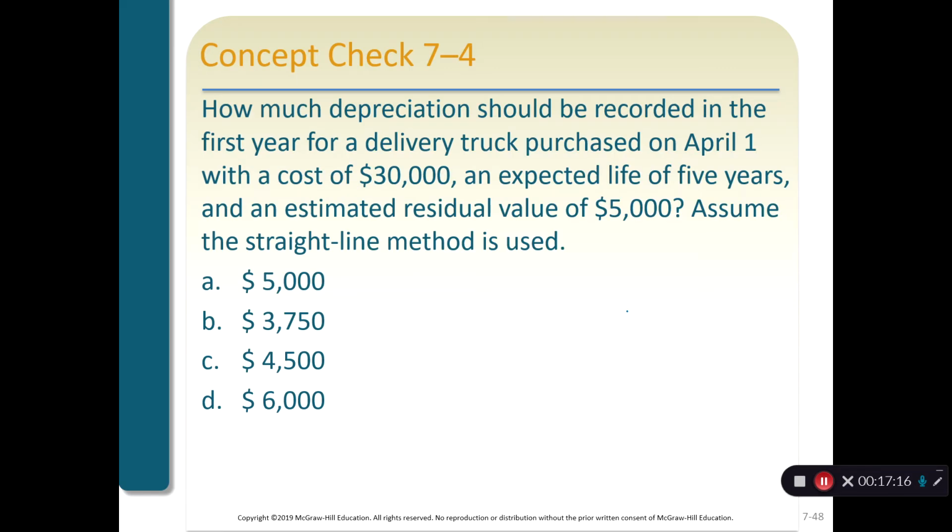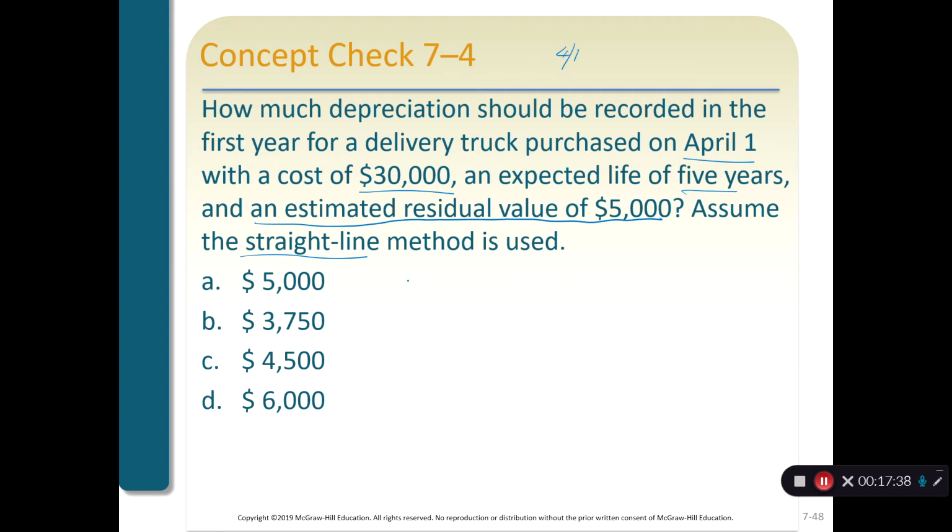Okay, so let's look at this one too. How much depreciation should be recorded in the first year for a delivery truck purchased on April 1st, with a cost of $30,000, an expected life of 5 years, and an estimated residual value of 5,000? Assume it's the straight line method.